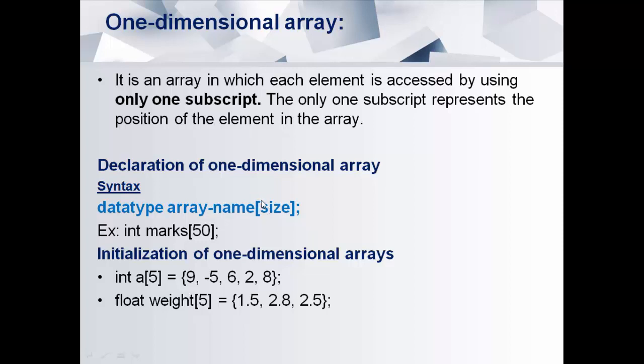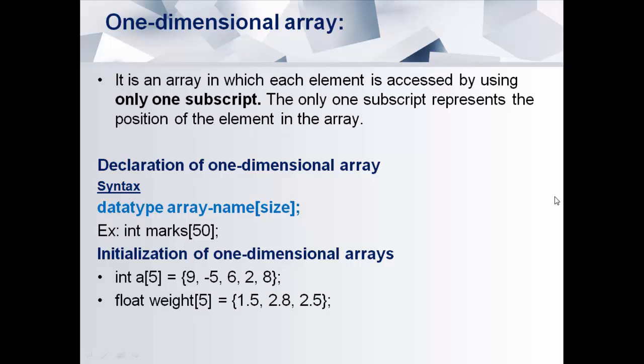I already told you that the pair of square brackets is called a subscript. In between the square brackets we mention the array size. Examples of data type are int, float, char, etc.